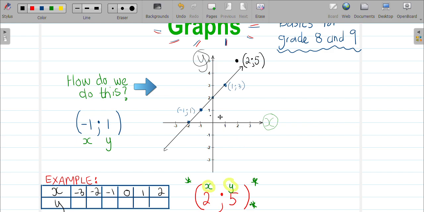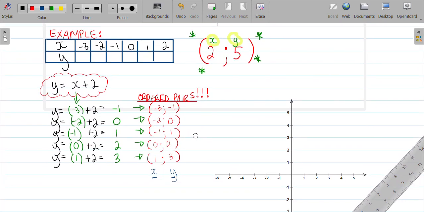So why don't we jump right into an example? This is a really typical way of it being asked in your question paper. They give us a table like that, and they put x here, and what this means is this row over here represents our x values, and this row over here represents our y values. So Mr. Hing, what do you do?